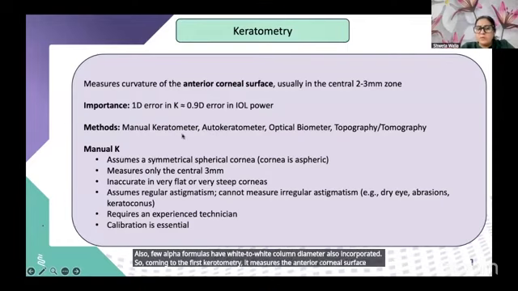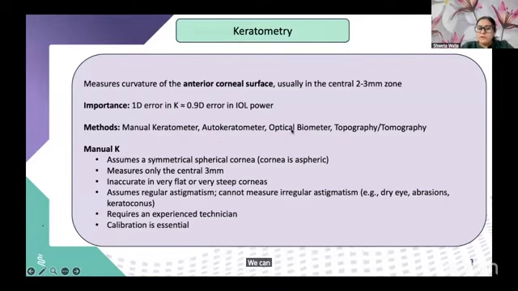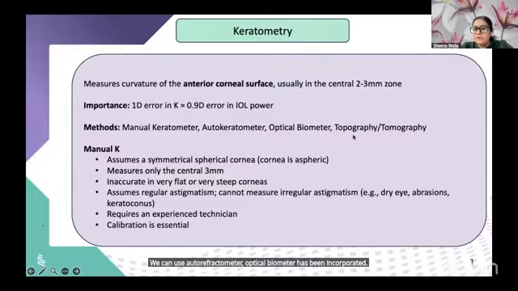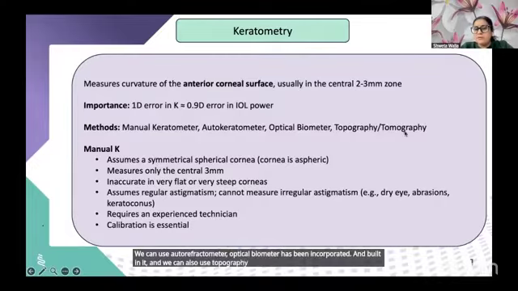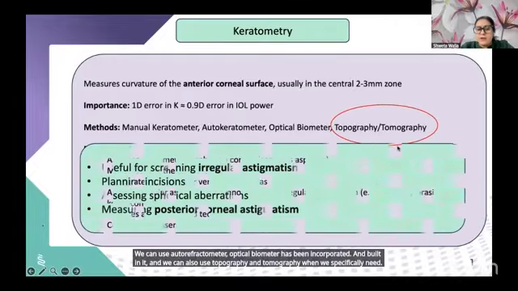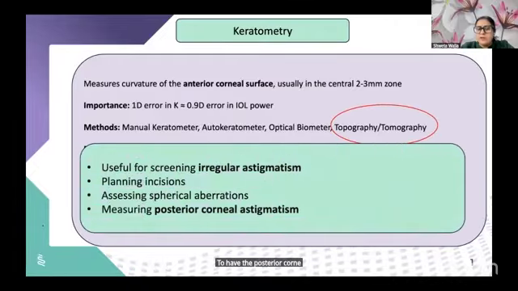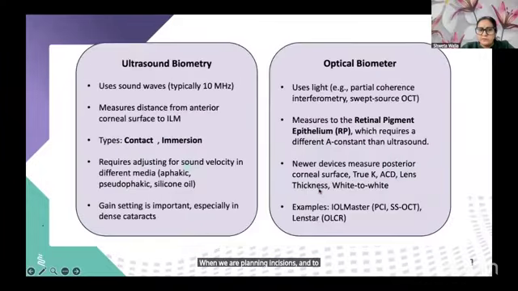We can do it manually, but it is very rarely performed. We can use an autorefractometer. The optical biometer has it built in, and we can also use topography and tomography when we specifically need the posterior corneal astigmatism, in patients having irregular astigmatism when we are planning incisions, and to assess the spherical aberrations.